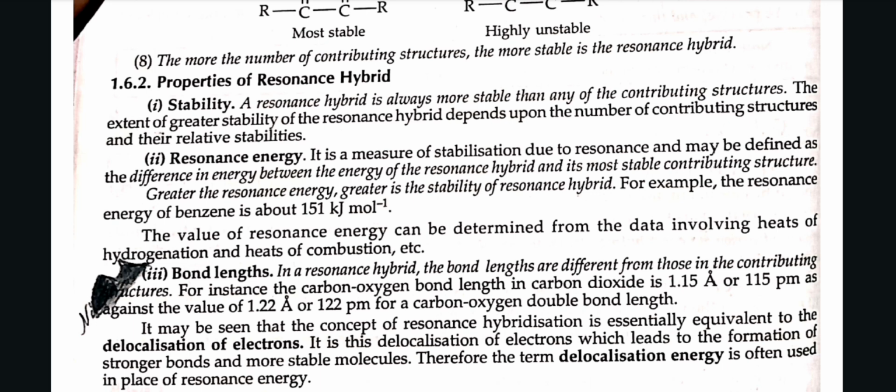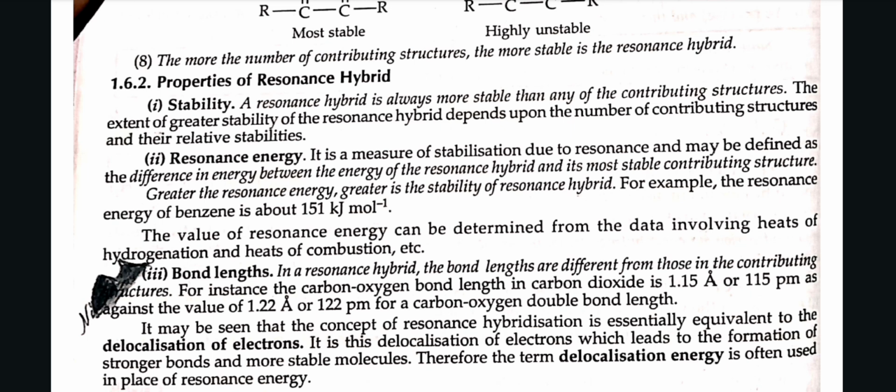For example, the resonance energy of benzene is about 151 kJ per mole. The value of resonance energy can be determined from data involving heat of hydrogenation and heat of combustion, etc. Bond length. In a resonance hybrid, the bond lengths are different from those in contributing structures.